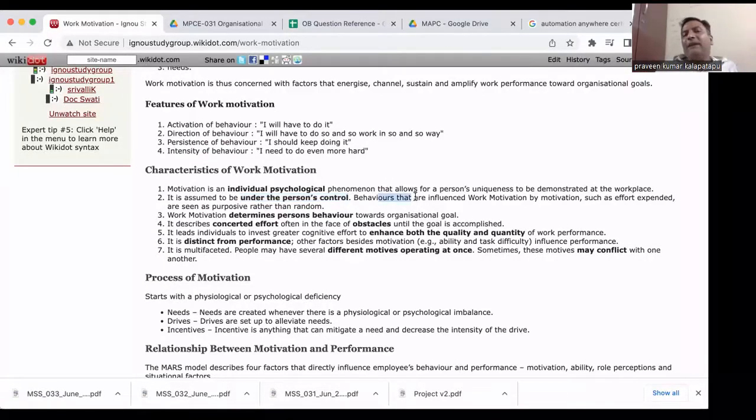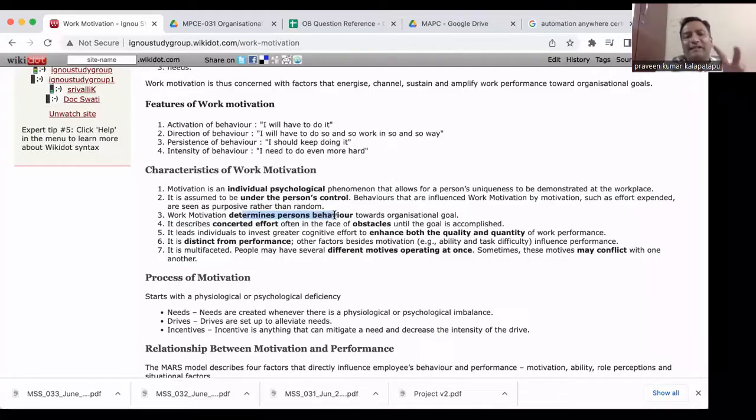So obviously behaviors are influenced by work motivation, such as effort expended rather than random. So basically it is where to exert pressure, where to put effort, where not to put effort. It is all under the person's control, right? That is exactly what it is saying. Work motivation determines the person's behavior towards the organizational goal.